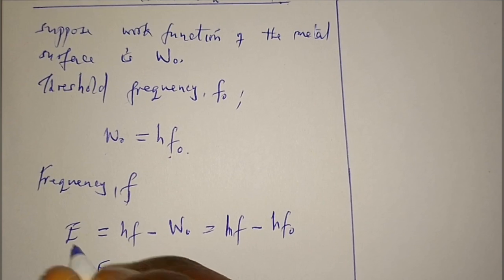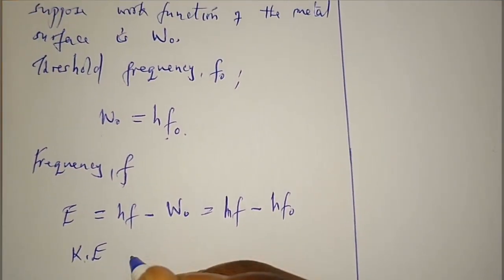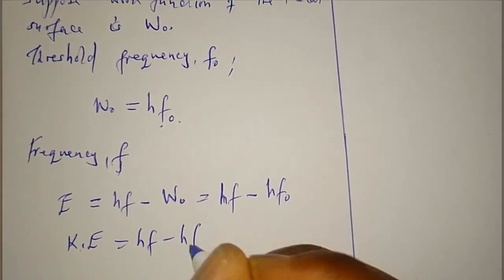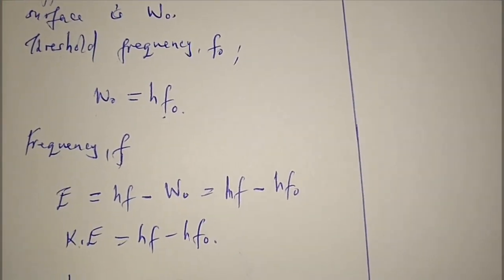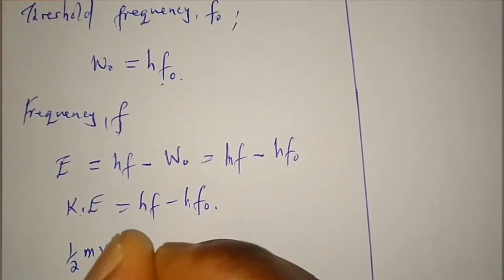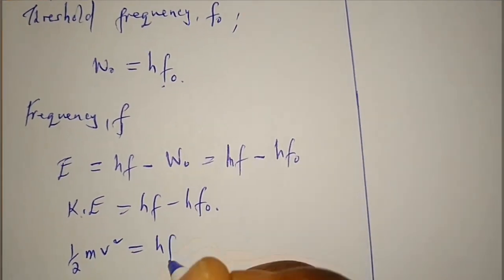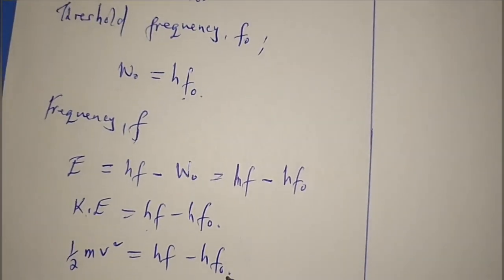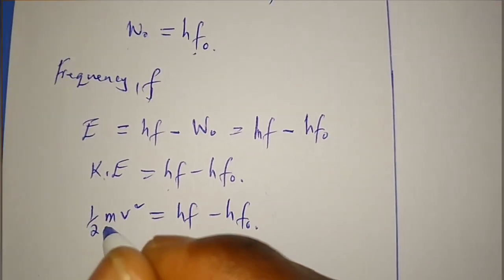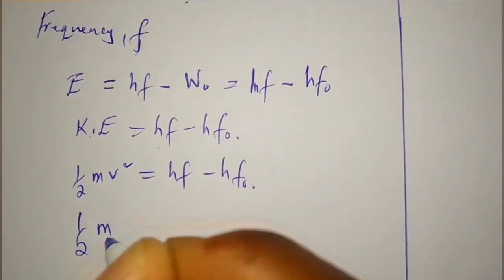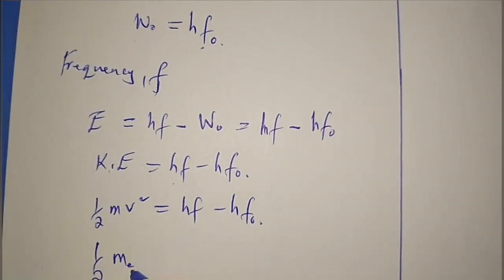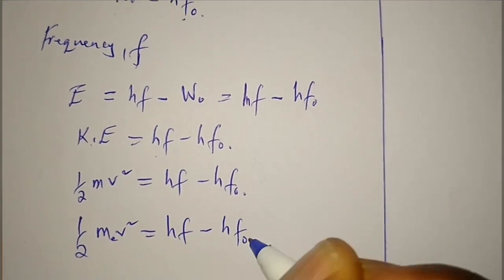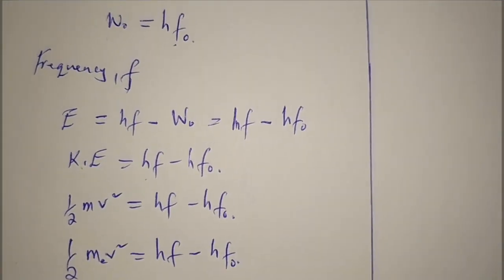So the kinetic energy equals Hf minus Hf naught, and kinetic energy is given by a half mv squared, which equals Hf minus Hf naught. Remember, this m is the mass of the electron, so a half m e v squared equals Hf minus Hf naught.